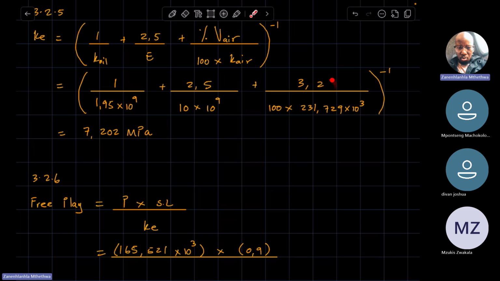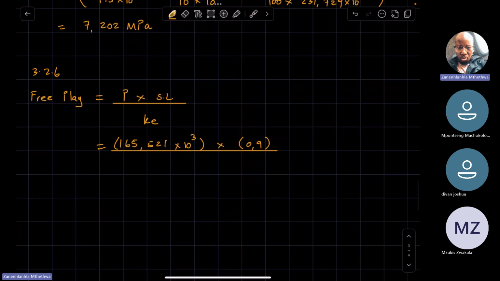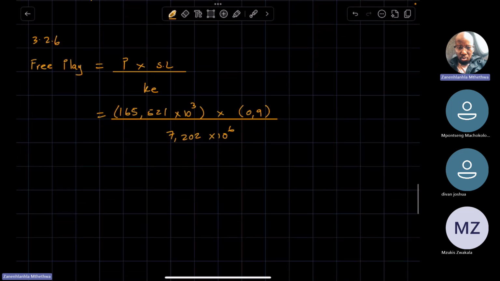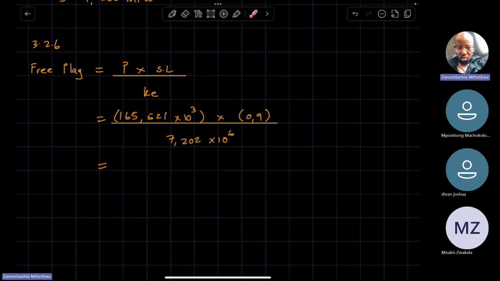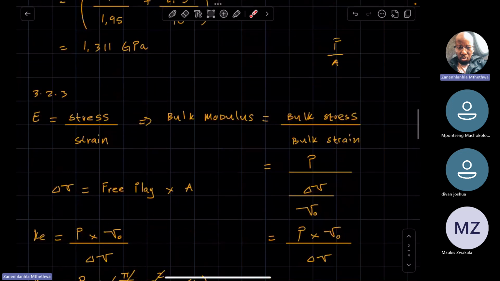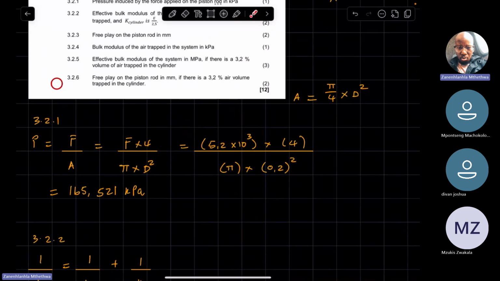where we have 3.2% of the volume of air trapped in the system, right? So we use 7.202 times 10 to the 6. As things stand, whatever you get here will be in meters. That's the standard unit of measurement for free play.